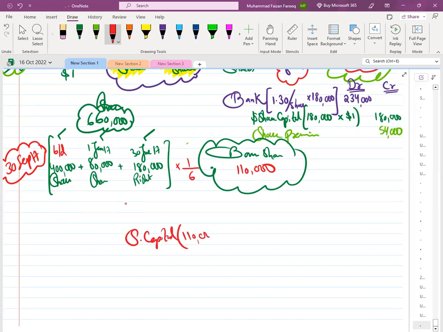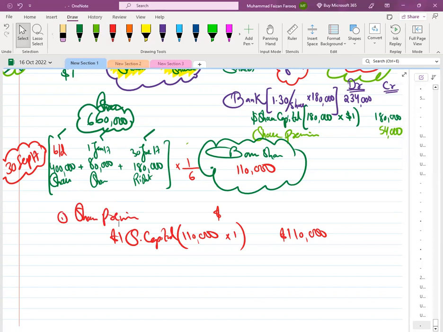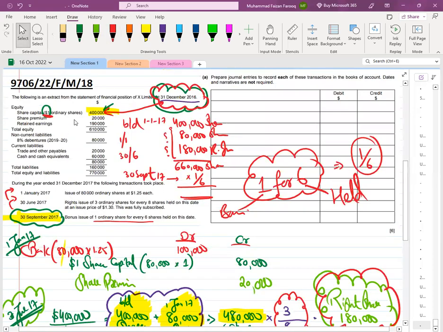Now in this question the par value is $1, so 110,000, right or wrong? Yes. And first we are taking it out from share premium, correct or wrong? Yes. First of all we have to work out how much premium we have. Do you have a calculator?